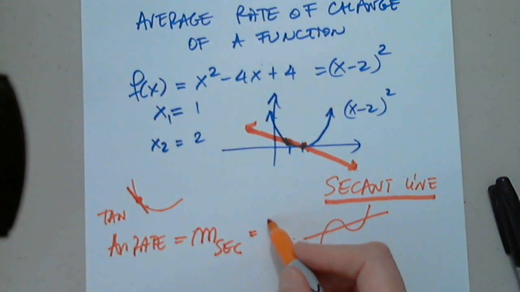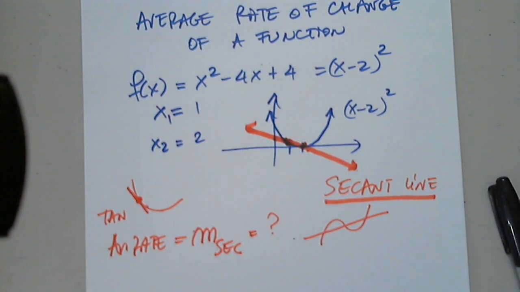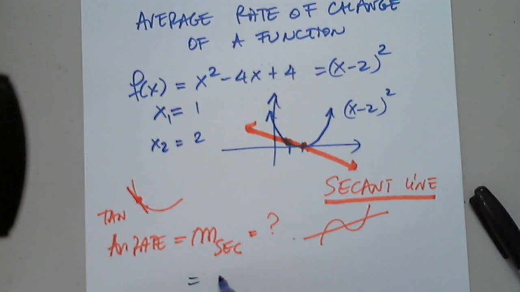Can anyone give us the slope of a line? Secant line or line, same thing. Change in y over change in x? Yes, it is. Rise over run. Very good.